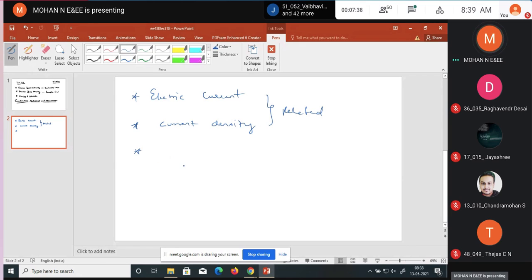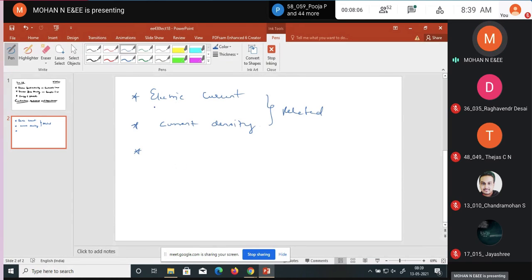For example, it can be a static condition, it can be a dynamic condition, and the medium can be homogeneous or heterogeneous. So you can study different properties of materials with this knowledge.